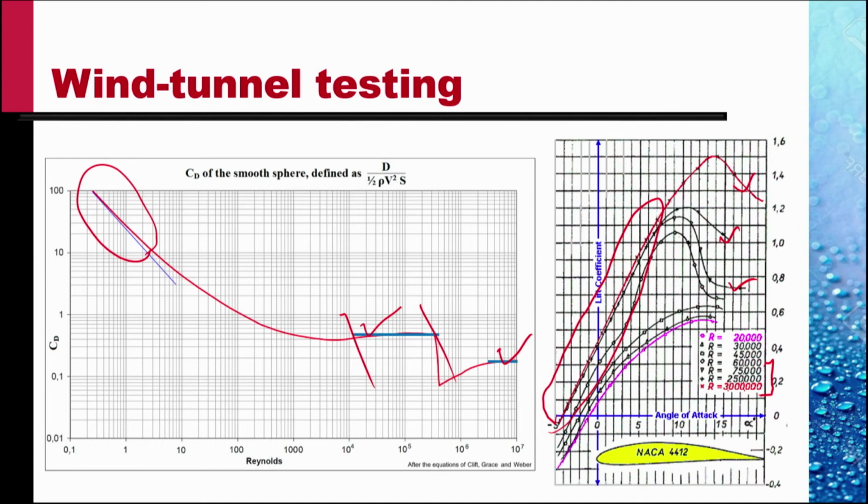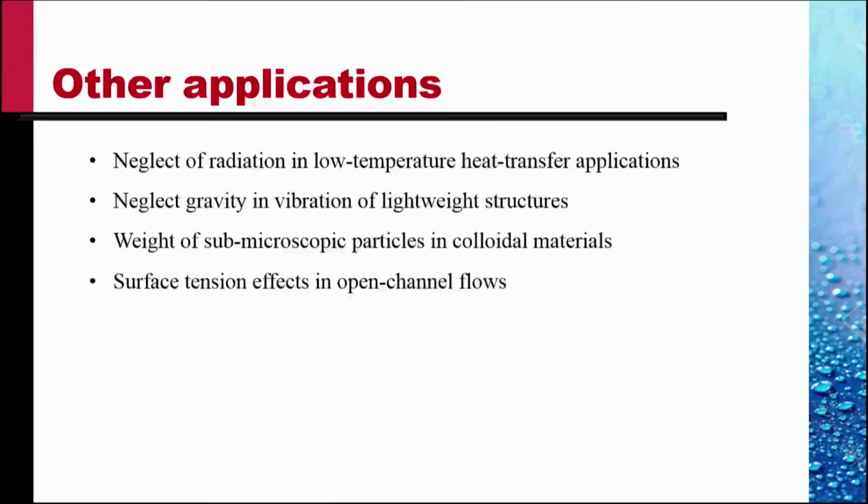So all wind tunnel testing, or rather major wind tunnel testing, is quite independent of Reynolds number. Other applications of this neglect or weak loss are the neglect of radiation in low temperature heat transfer applications.